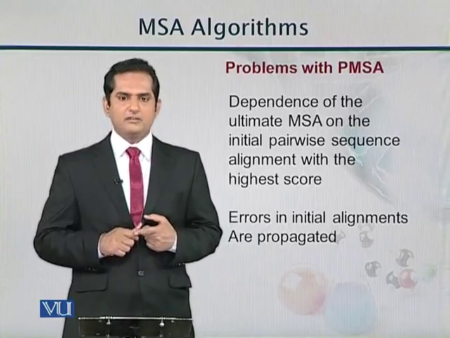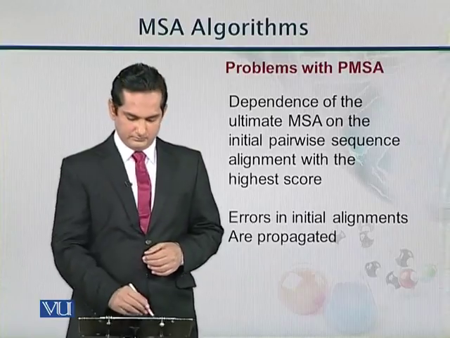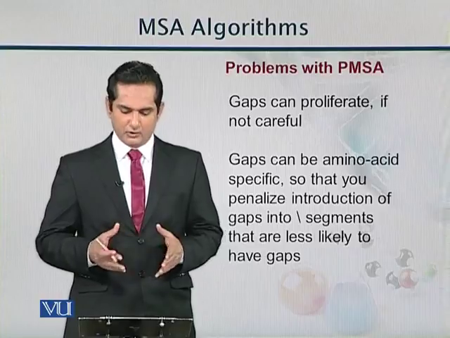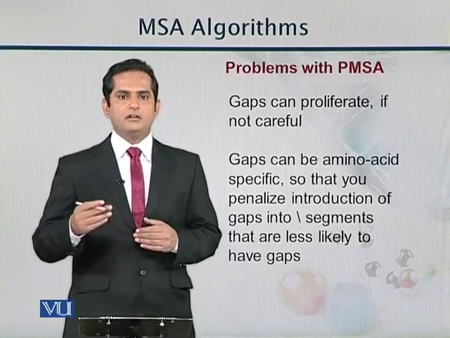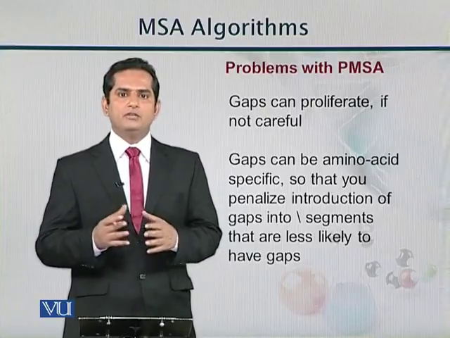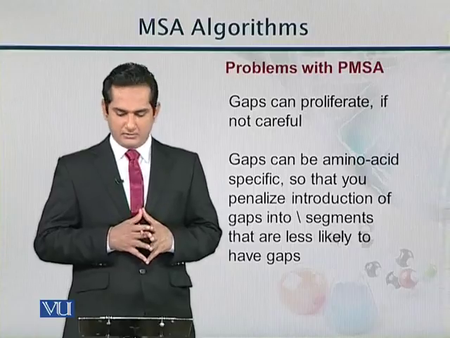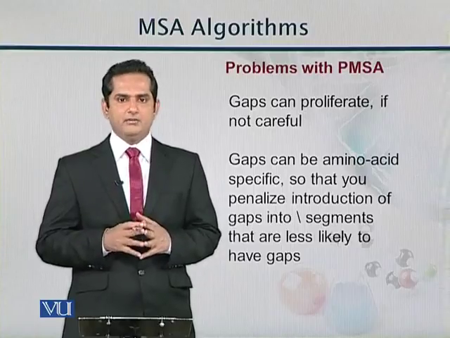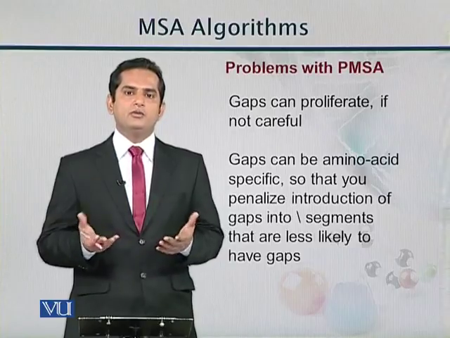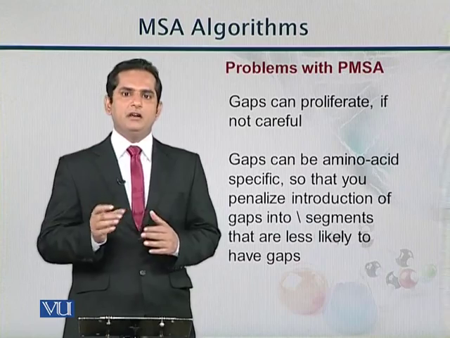Errors in initial alignments are propagated, so they cannot be removed at later stages. Similarly, gaps keep on increasing with each comparison and cannot be removed at later stages. Finally, there can be some gaps which are amino acid specific. Although they convey good information, that information is also lost in progressive MSA techniques.